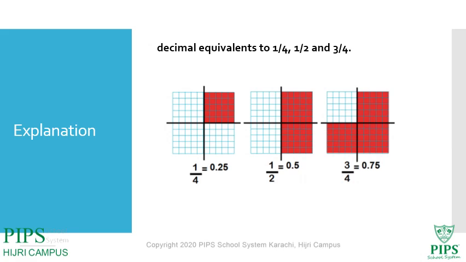But when we take 1 part out of the 4 boxes, and 1 part is colored, we write 1 by 4 is equal to 0.25. This 0.25 is the decimal value of 1 by 4.